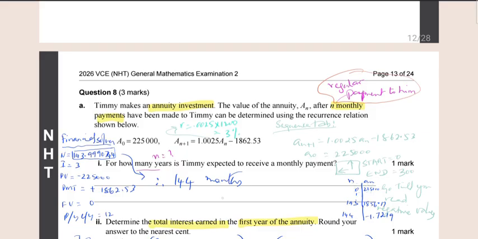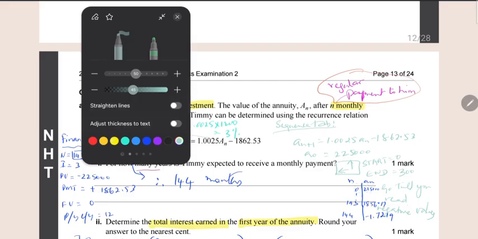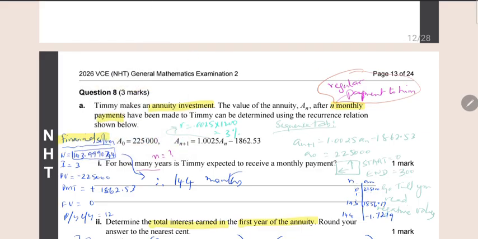Now the recurrence rule explaining this particular question is given to you. How many years is Timmy expected to receive a monthly payment? Now this can be done in 2 ways. One of them is by the financial solver. N is the question. Now I has to be calculated. We don't know the 3%, but we can calculate it from this value.